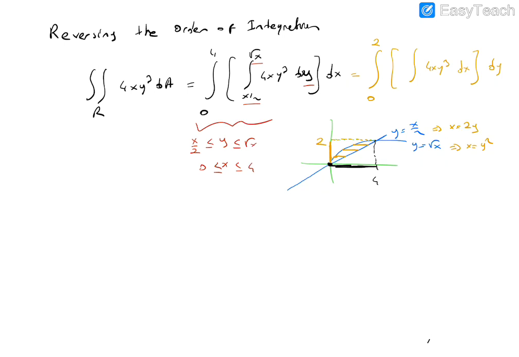So x changes from y squared to 2y. So these two integrals are the same. In the problem solving hour, I will solve another kind of question. So by sketching the region, you can change the order of integration for a double integral in a more general region.